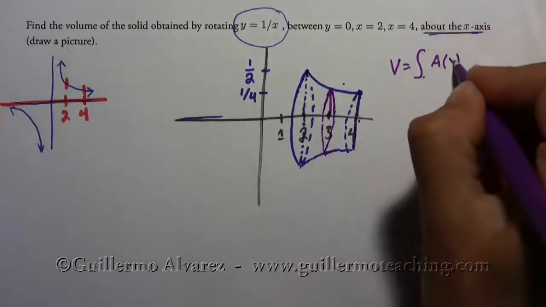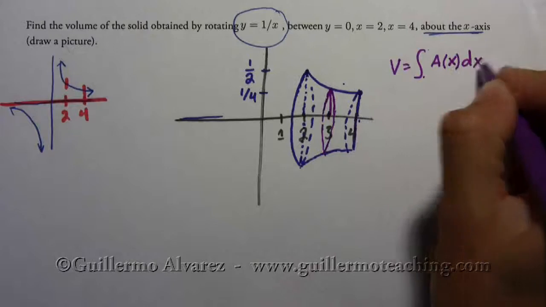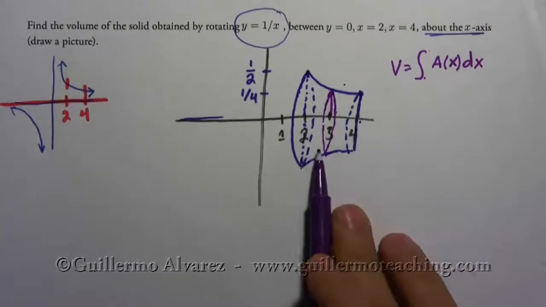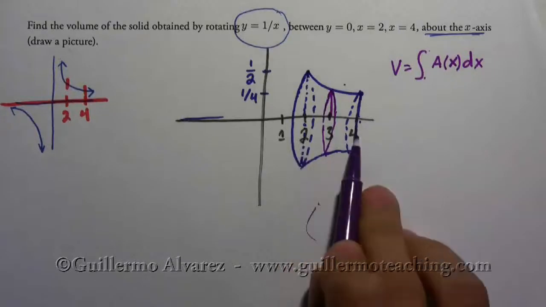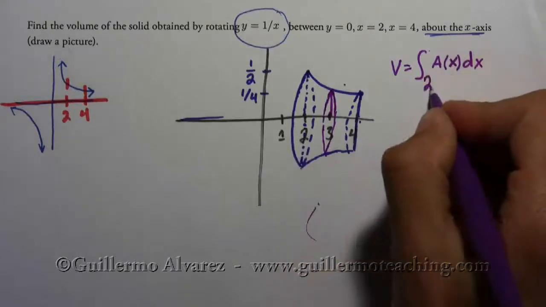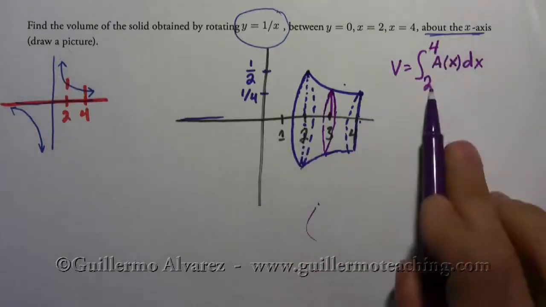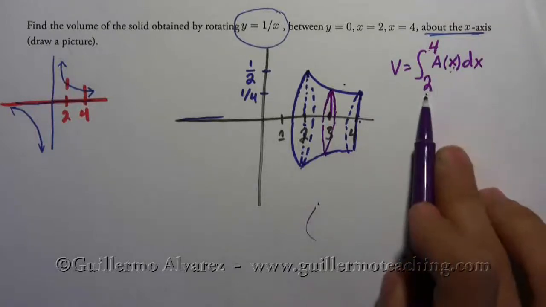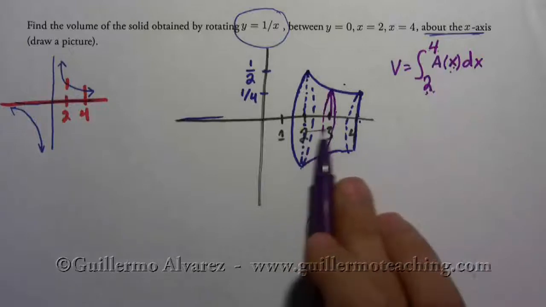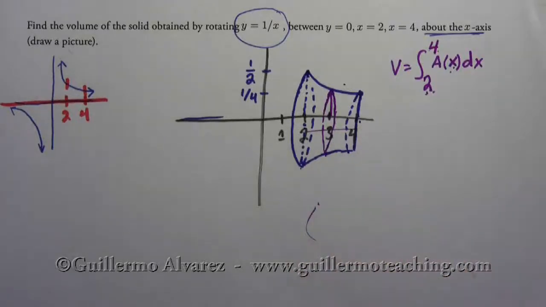So the area is going to be with respect to x. Then I integrate from start to finish, so it starts at 2 and ends at 4. Remember, all of these should match, so if we're integrating with respect to x, then the 2 and the 4 should represent x values.